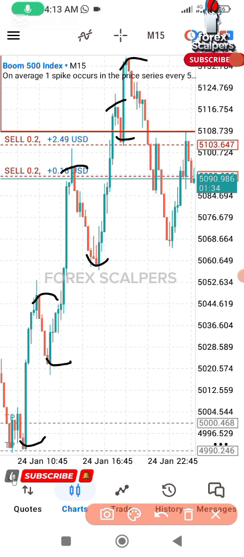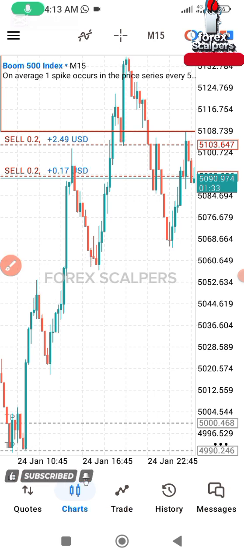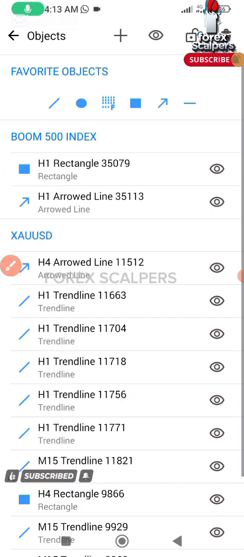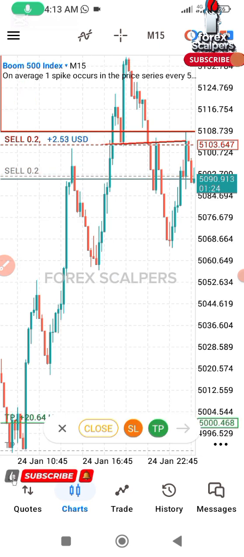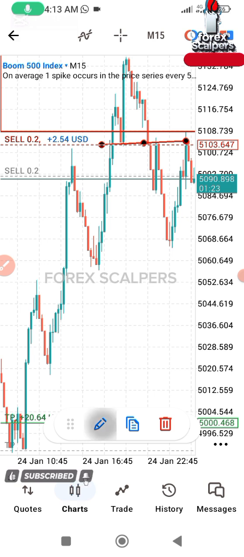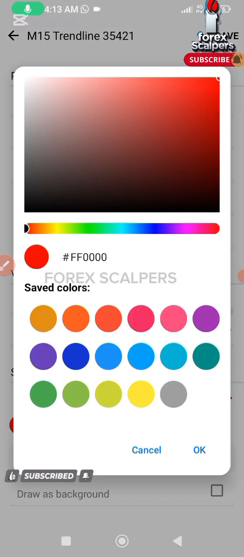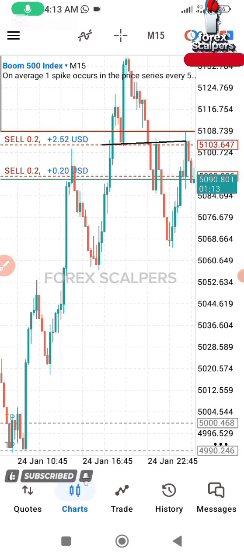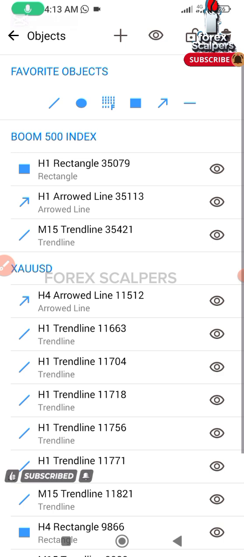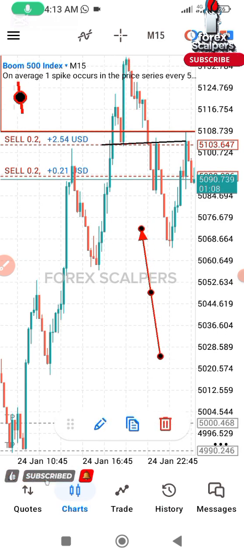What is the condition that was met? Here is a typical break of structure. That point you are seeing there is a break of structure. So price broke structure here, as you can see.